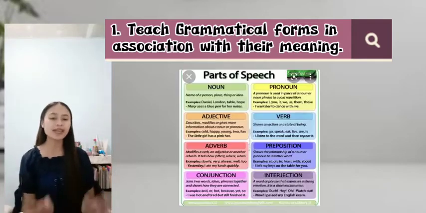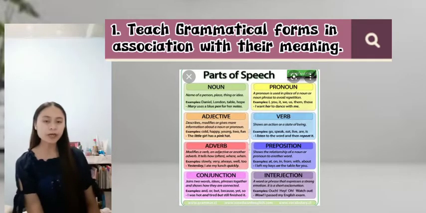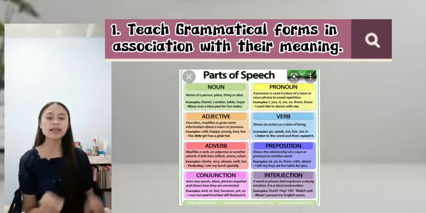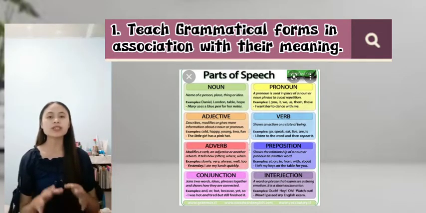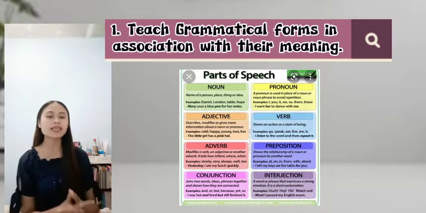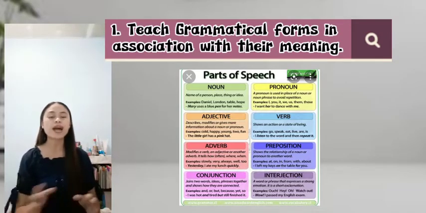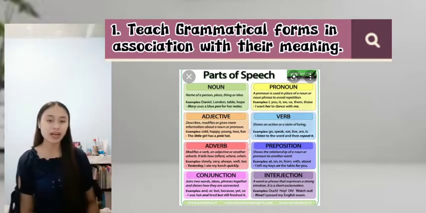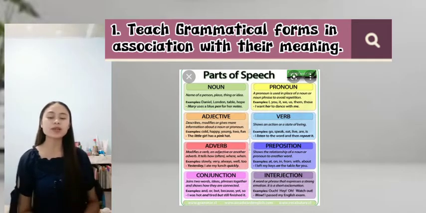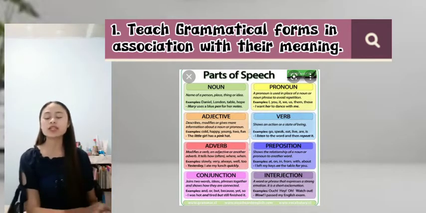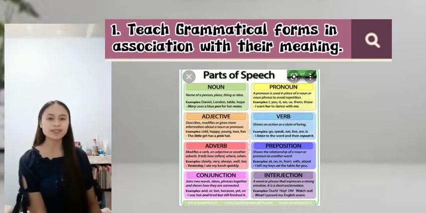We have here the noun, the pronoun, verb, adjective, adverb, preposition, conjunction, and interjection. So in teaching these basic grammatical forms, we have to associate this with their meaning so that the students would also know the meaning or the definition of these terms.